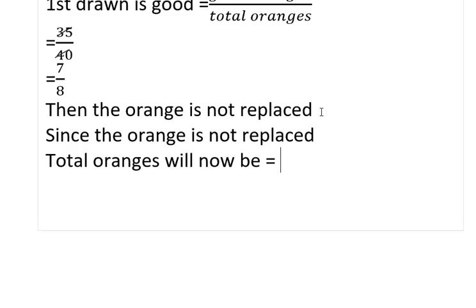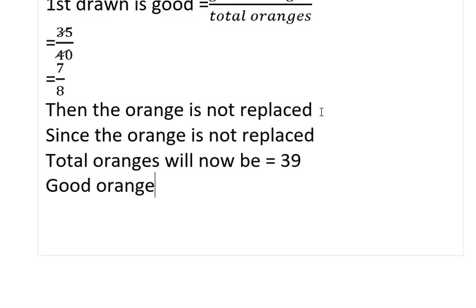Now an orange has been drawn, is not replaced, total will now be 39. Then the good oranges will now be what? The good oranges before, they are 35. Now they will now be 34. Awesome.